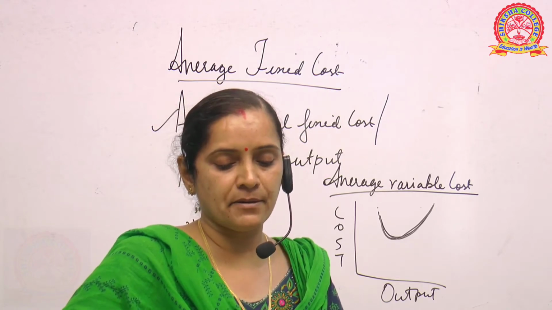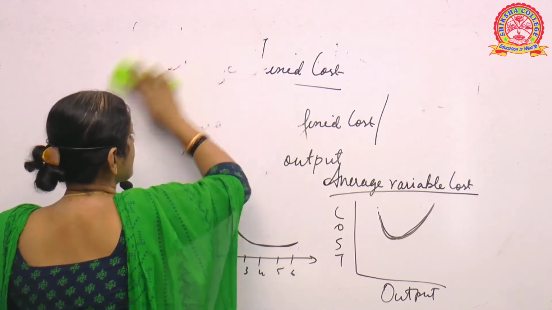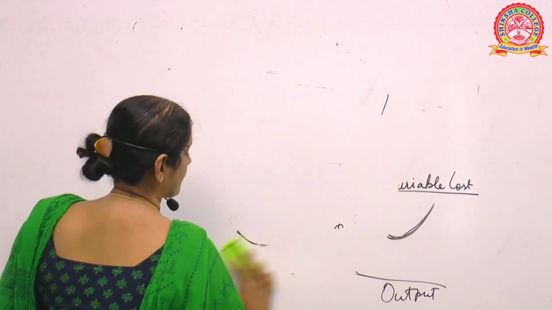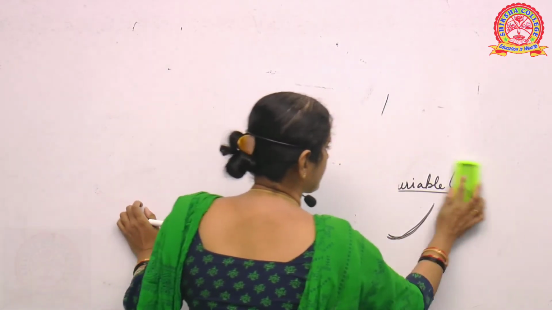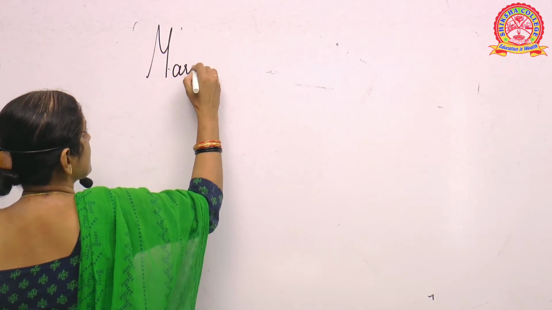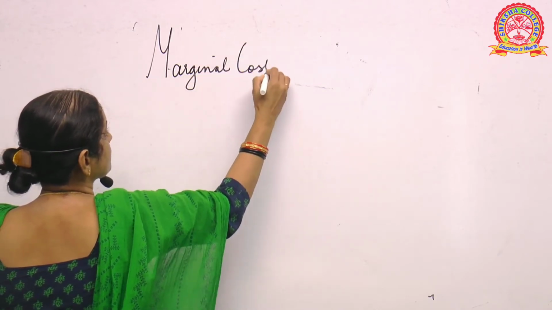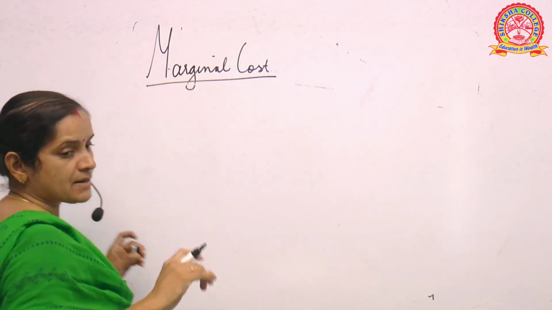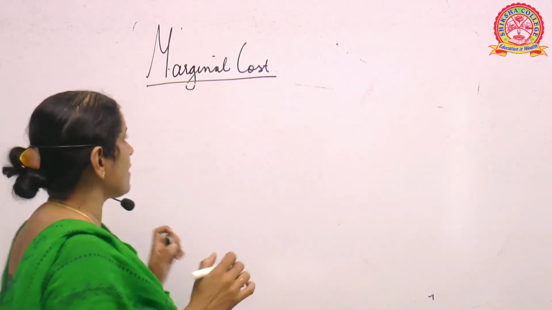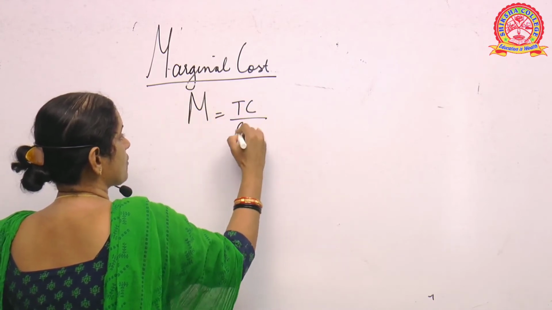Next we will discuss about marginal cost. Another concept is your marginal cost. Now what is marginal cost? Marginal cost is equal to change in total cost by change in quantity.